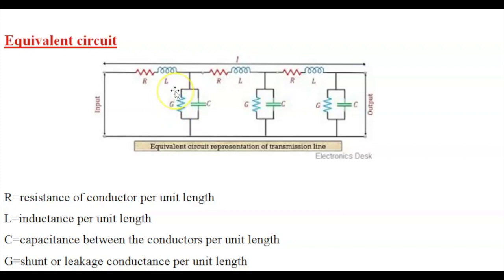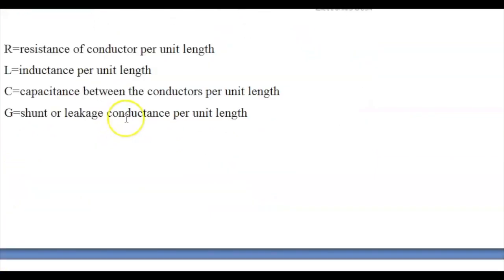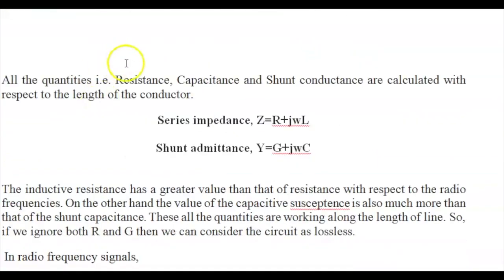So, four parameters which are mainly used in a transmission line are R, L, C, and G, that is resistance, inductance, capacitance, and conductance. And this equivalent circuit can be again redrawn by the following measures.